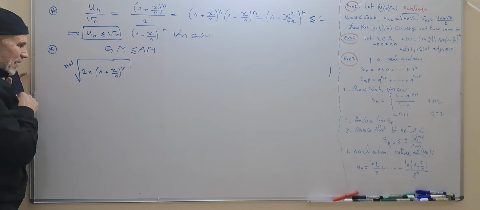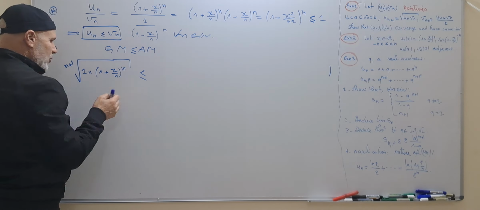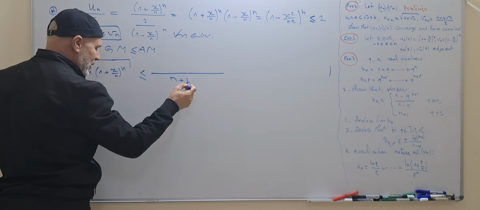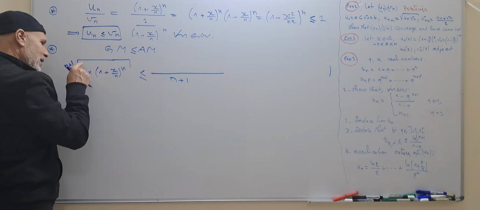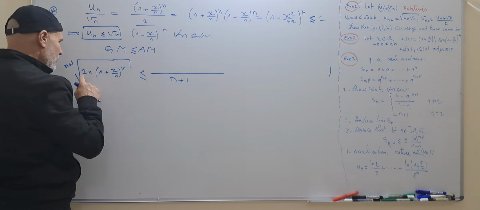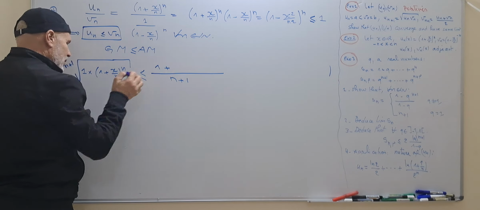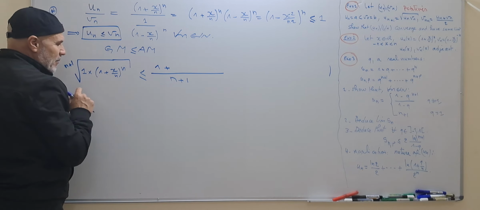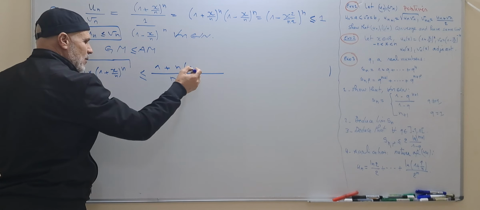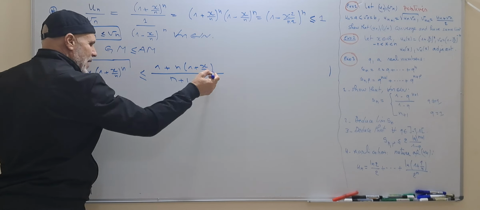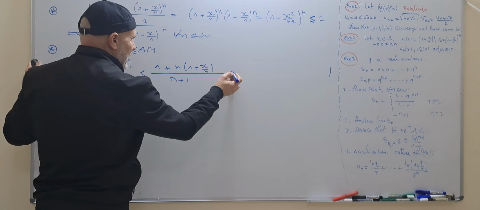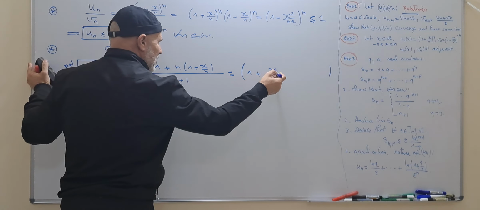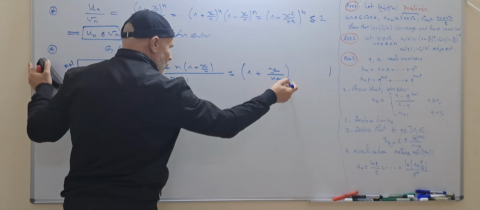Using this formula, how many elements do we have? We have n plus 1 elements. The first element is 1, and the n remaining elements are 1 plus x divided by n, so we have n times 1 plus x divided by n. This is equal to 1 plus x divided by n plus 1.